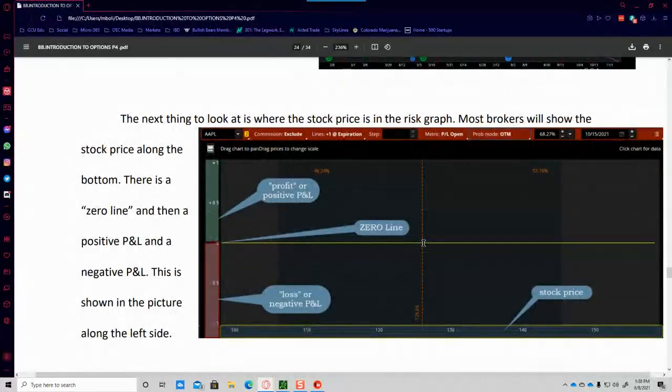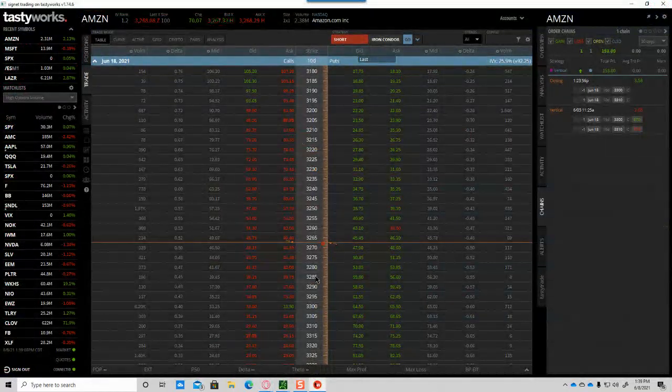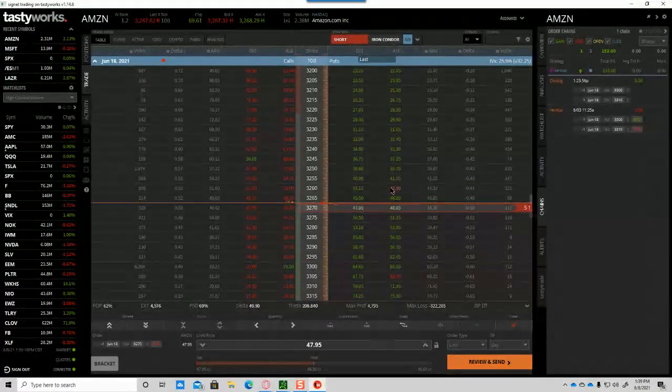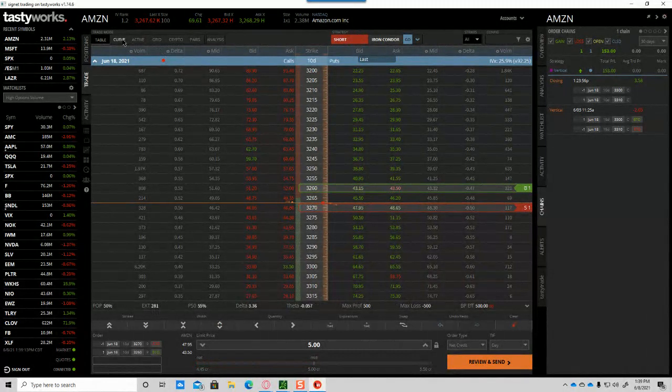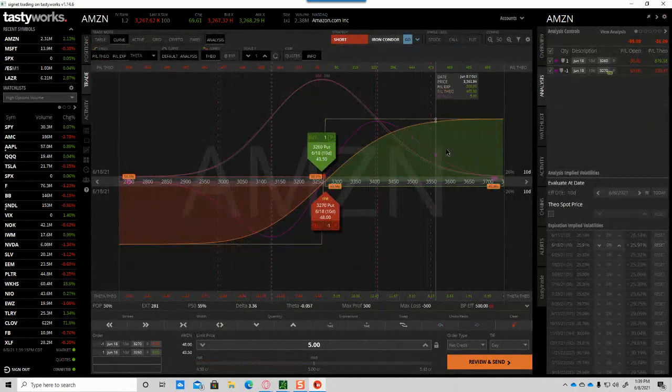So now that brings us into how to read the risk graph. There is a zero line on the left-hand side, and then there is profit moving up from 0, and there is loss moving down from 0. Thinkorswim doesn't really color it that well, but a lot of other brokers do. So for an example, here on Amazon, if I build a trade and I throw it into the Analyze tab, you can see that it colored everything for me.